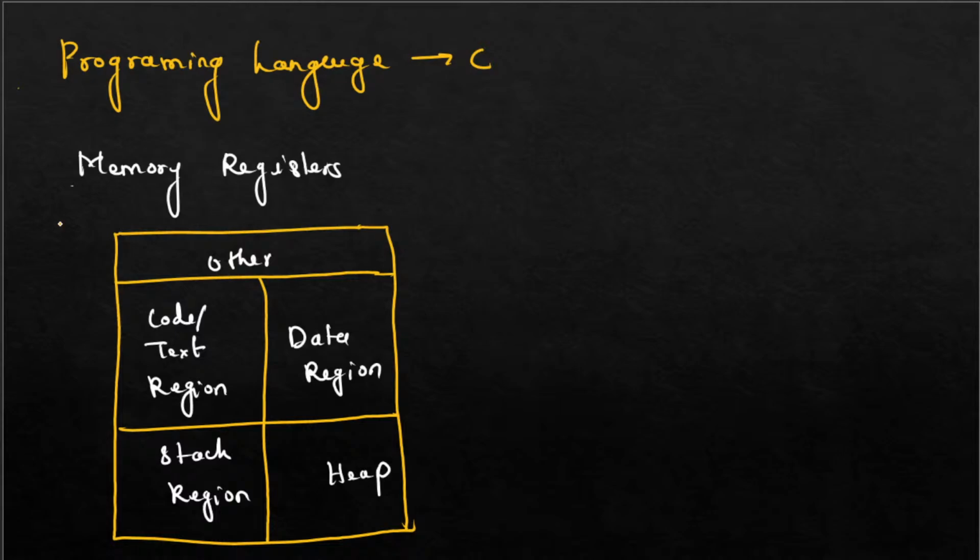It is like this. So this region is for static variables, and this region is for global variables.